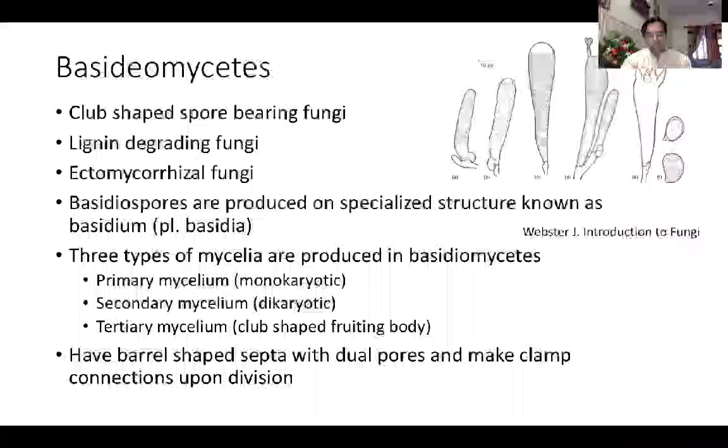These barrel-shaped septa have dual pores on each side. And another important character is the presence of clamp connection when the cells divide. During each division, clamps are formed between the 2 cells.